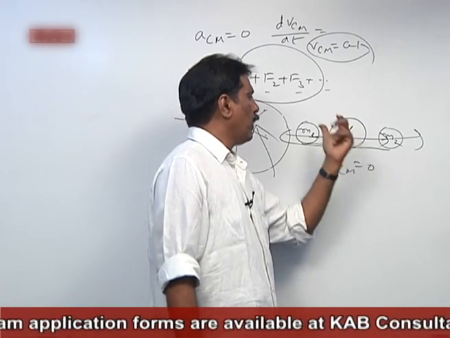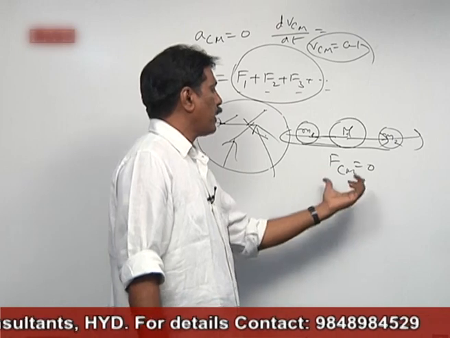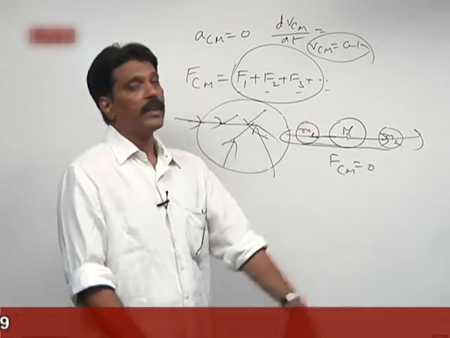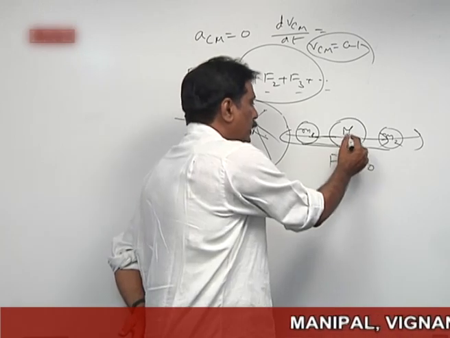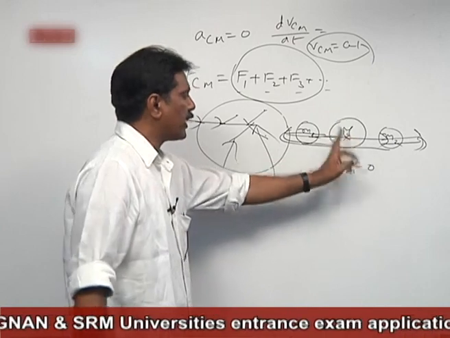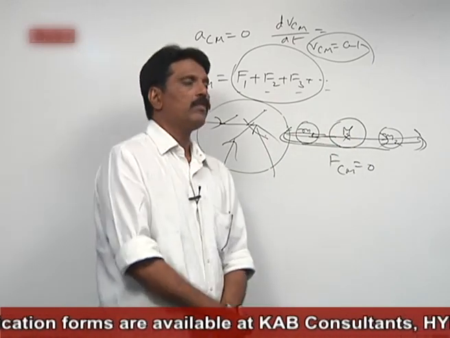Here also, since the explosion is an internal force, Fcm is 0. So, the center of mass is initially at rest, and now also at rest. That means the center of mass will be here only. However far these two particles may travel, the center of mass is located here only. That is the thing about center of mass.